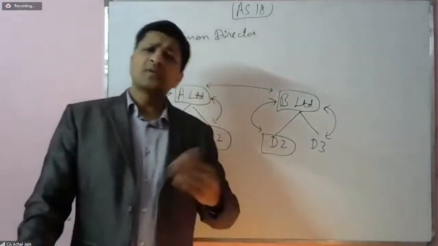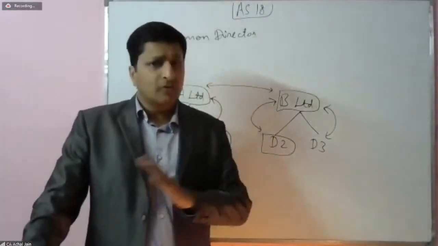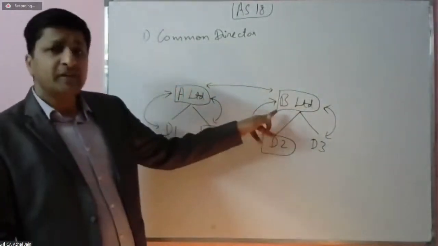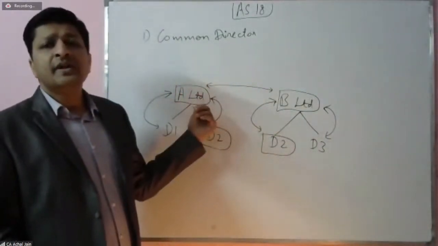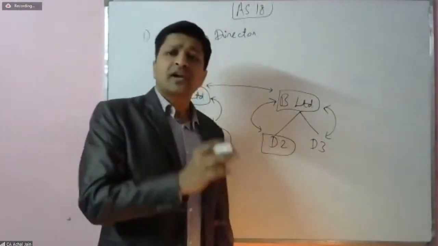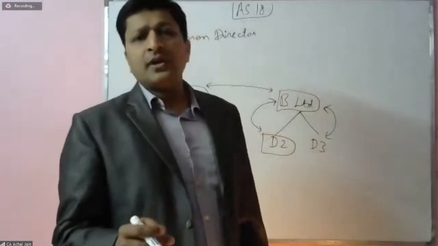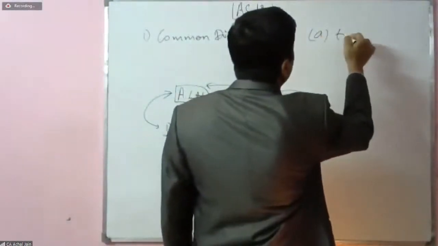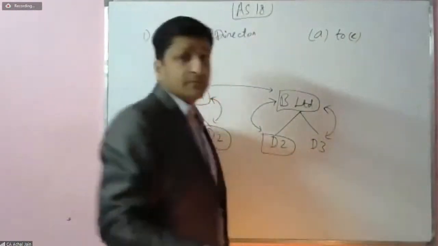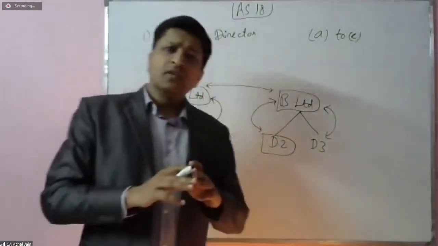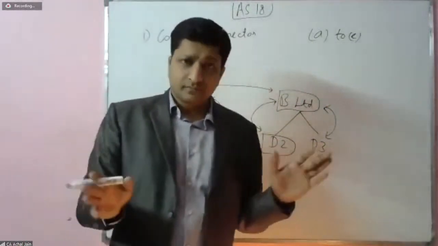So if they are fellow subsidiary, they will be related party. Similarly, A may be subsidiary of B, B may be subsidiary of A. We are saying all those related party relationships which we discussed in points A to E do not exist in case of A and B. There is no such situation.